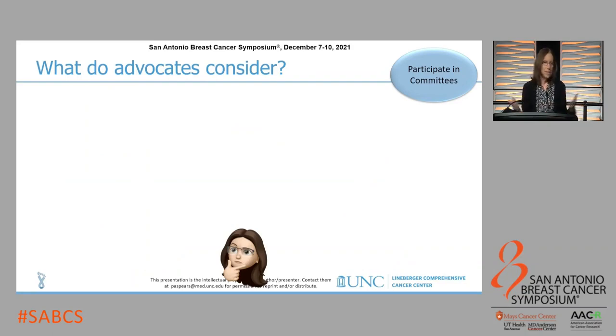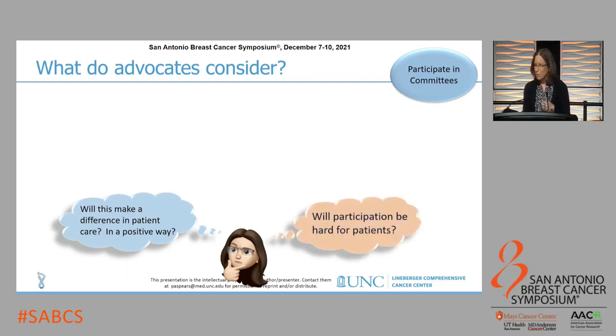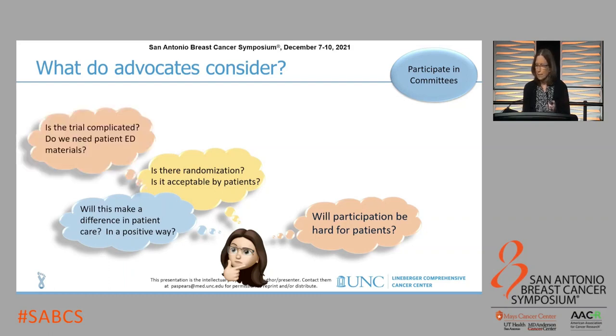So what do we consider in meetings? So we sit in meetings, and we don't think about the same things as you do as trialists or researchers. We think about different things. So will this make a difference in patient care in a positive way? Will participation be hard for the patient? So is there randomization? It's always hard for patients when there's randomization, and will it be acceptable? Is it complicated? Do we need educational materials?